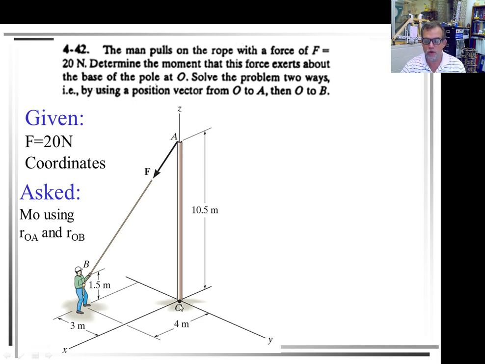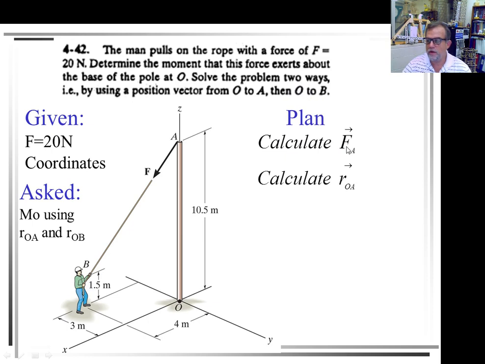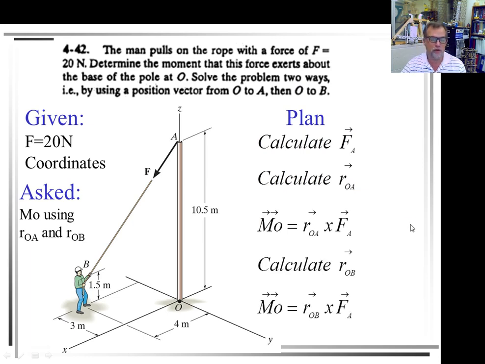So we're going to do it twice. One r from here to here, and one r from here to here, and compare the results to see which one is bigger. Express the force and the r in Cartesian notation, do the cross product. That's basically what we're going to be doing here.